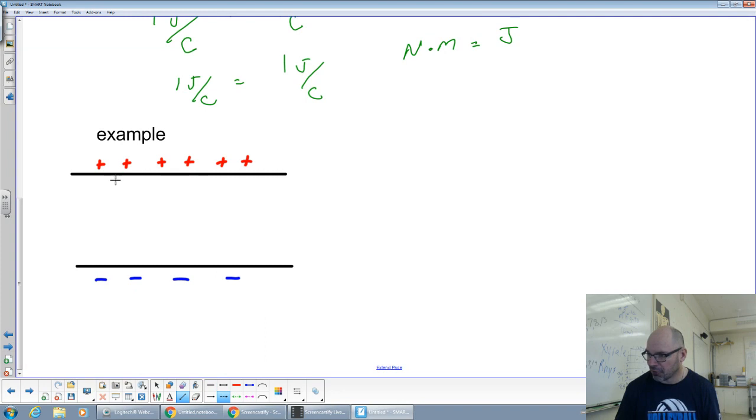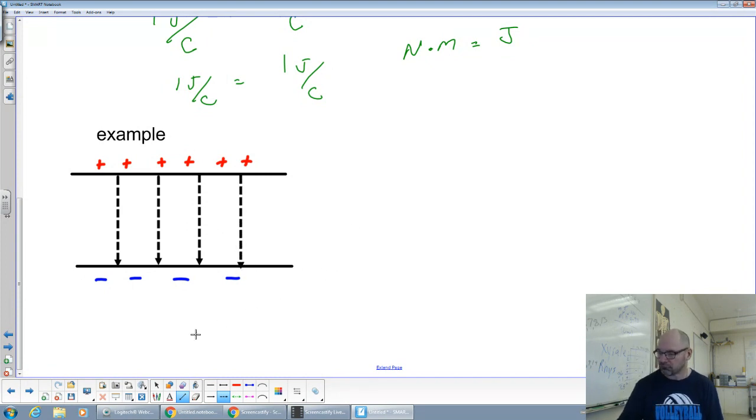Okay, so let's draw some little arrows in there. So it's going to go down like this. This is going to be our electric field. These are going to be lines of force. Okay, and it'll be straight like this because these are 2 flat plates. They're not point charges. Okay. And let's say that there's an electron in here, which is a negative charge.